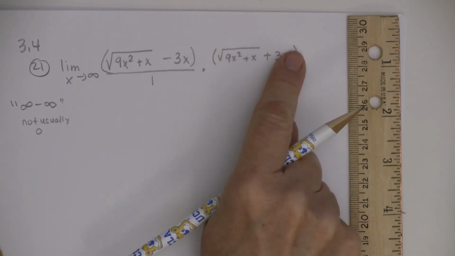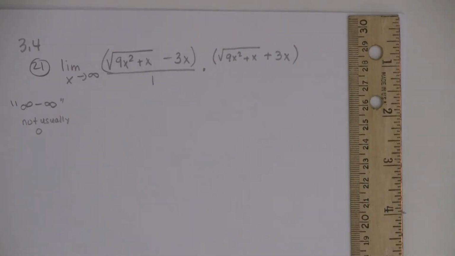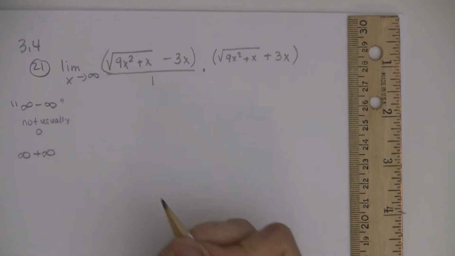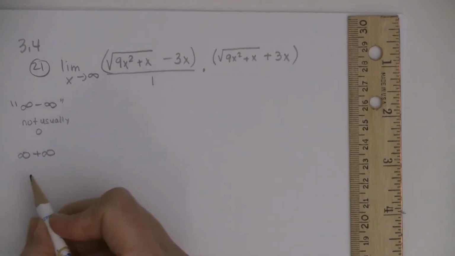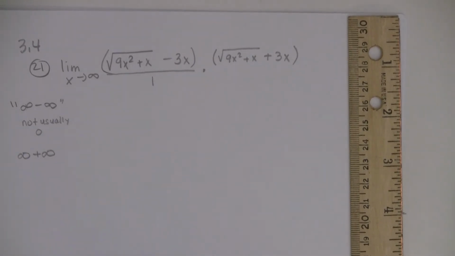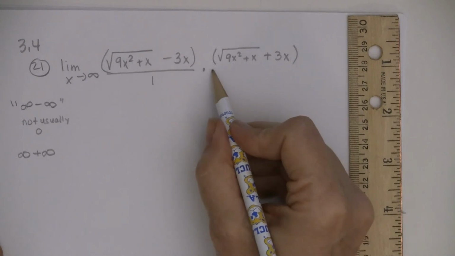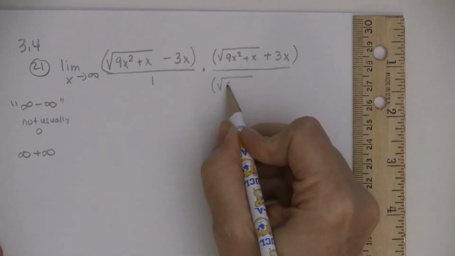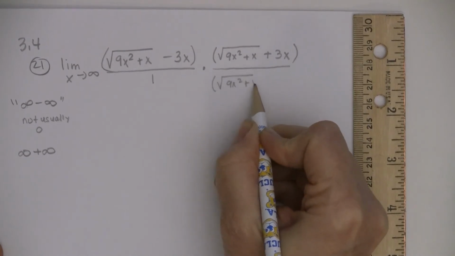If I add them together, I get something that's really going to infinity, right? Infinity plus infinity is different than infinity minus infinity. Infinity plus infinity is freaking huge, right? That's the reason multiplying by the conjugate is going to help: it's going to get rid of that infinity minus infinity part.